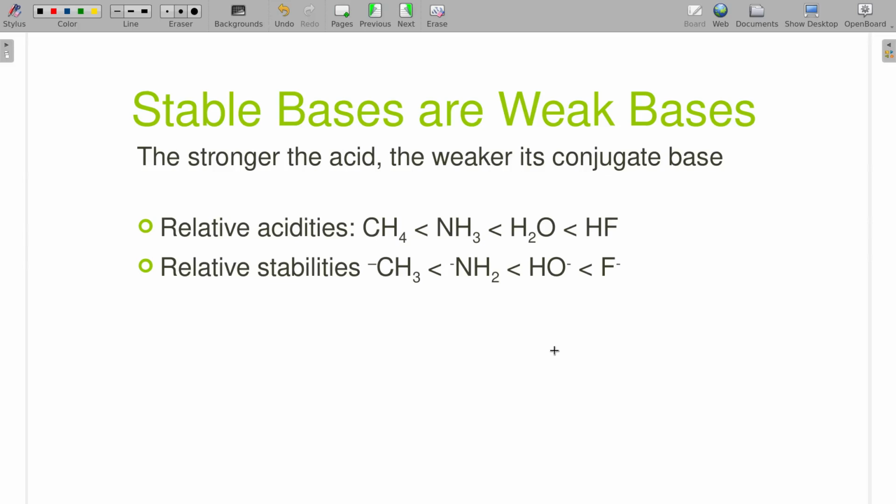The stronger acid has the weaker conjugate base. So this is a weaker base than this one. Let me label that. Looking at H2O versus HF, HF is a stronger acid than H2O, therefore the conjugate of HF is the weaker base.